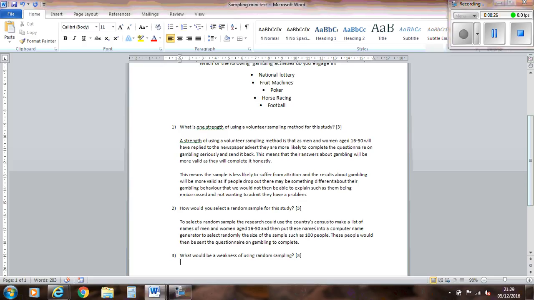Now, this question is asking what would be a weakness of using random sampling. Now, random sampling is, I mean, you all kind of got this one right, really. It's if someone decides they don't want to take part, then you've got to rerun the sample.